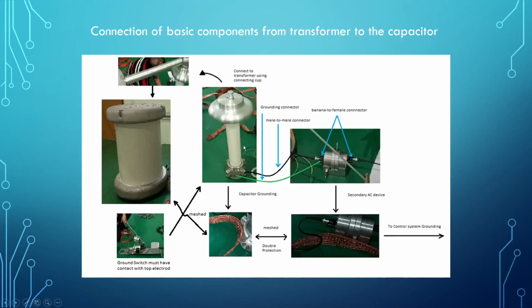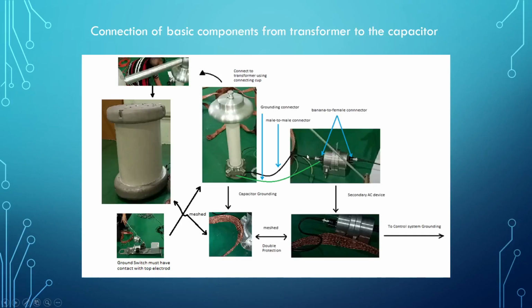After that, for the connection between the capacitor and the secondary AC device, we use a male-to-male connector. For the secondary AC device, we need to connect the grounding by using a banana to female connector.